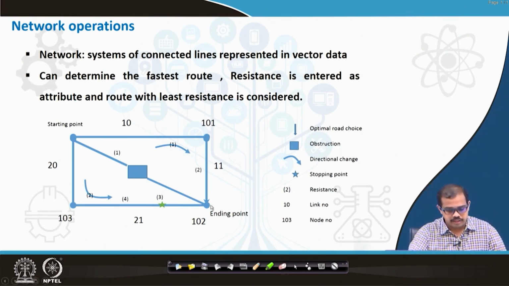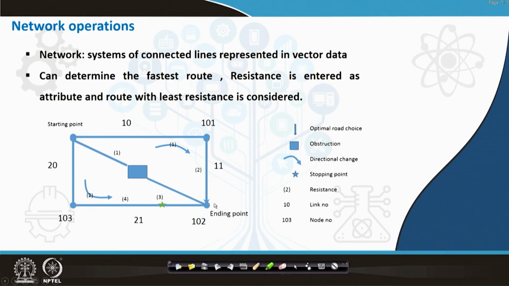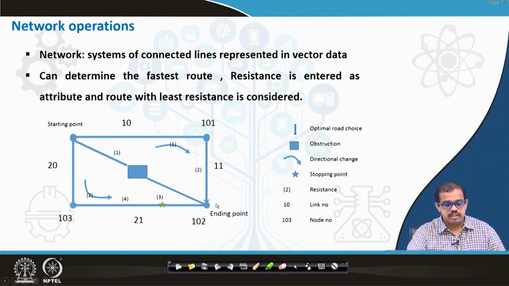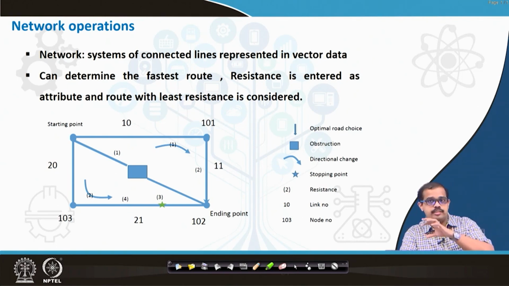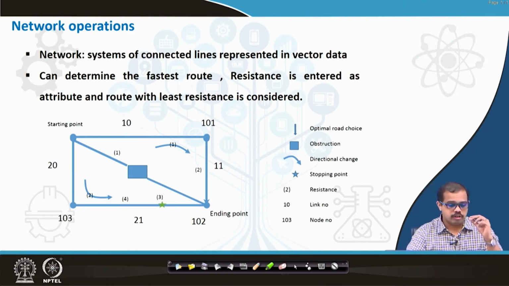There may be another route reaching here, and another reaching this point. There are different nodes, different stopping points, different obstructions, etc. Based on the best travel option, that is how you travel for your particular operation. That is basically what network operations are.